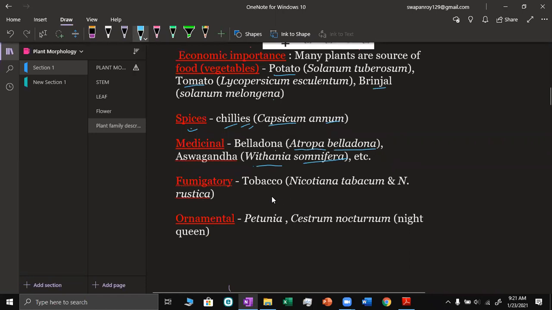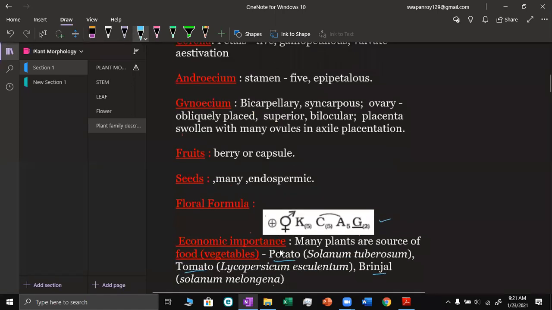Then fumigatory: tobacco, Nicotiana tabacum, the common species, or Nicotiana rustica, and other species are also there. Among ornamentals are Petunia and Cestrum nocturnum, the night queen. This plant has a very beautiful smell and white flowers, and it blooms at night. You can see this description from here.